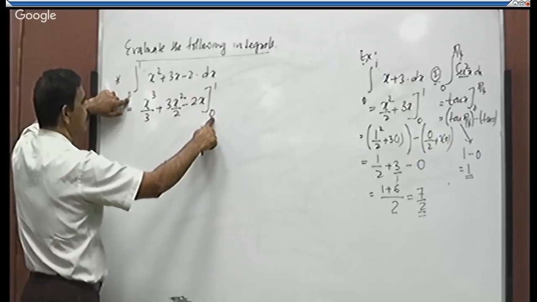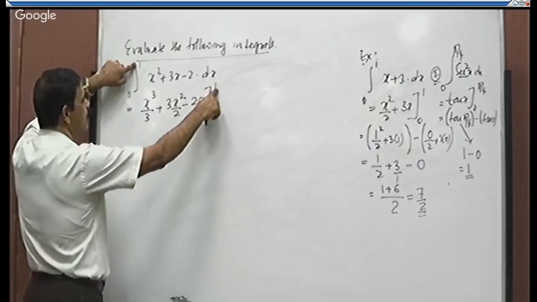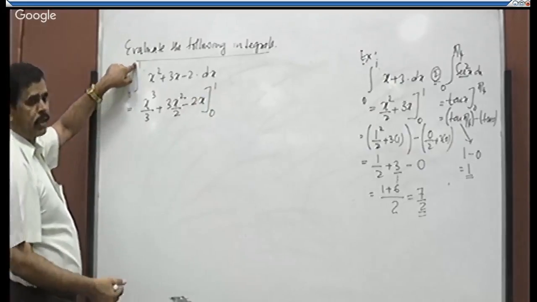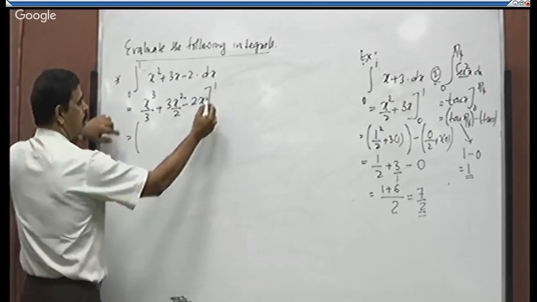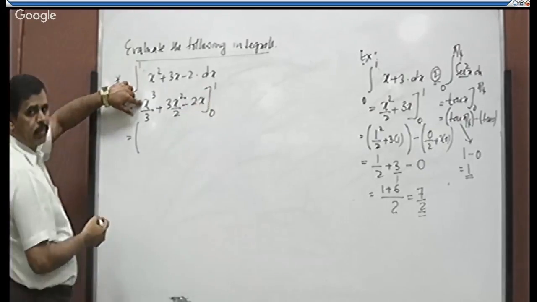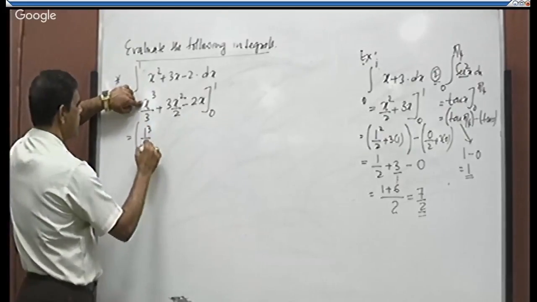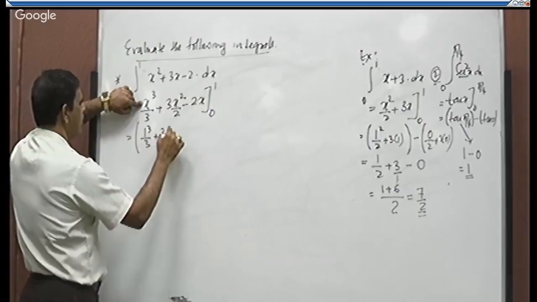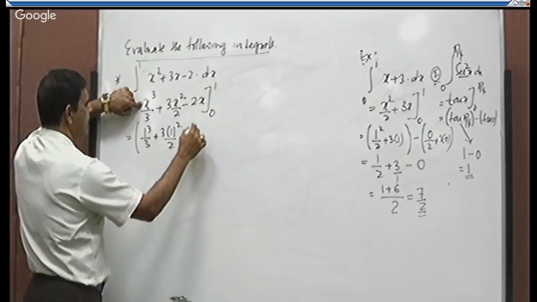The lower limit we take at the lower part of the bracket, the upper limit at the upper part of the bracket. Then put a bracket. First, wherever we have x, just substitute 1, because the upper limit is what? 1. 1 cube divided by 3 plus 3 into 1 square divided by 2 minus 2 into 1.